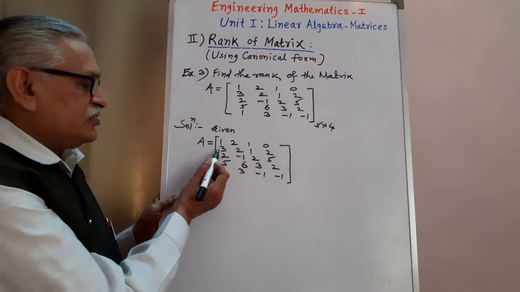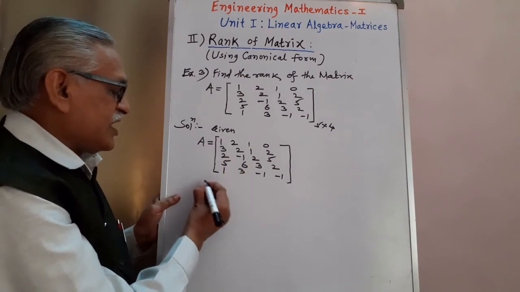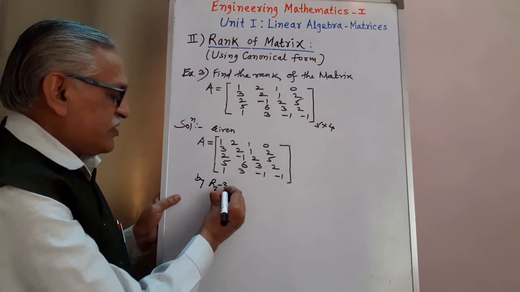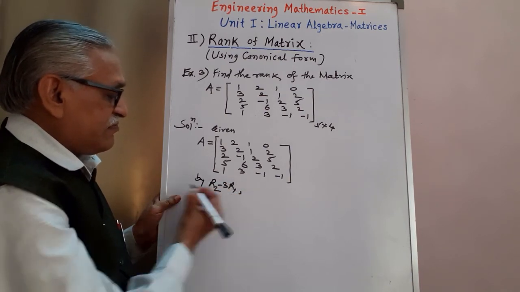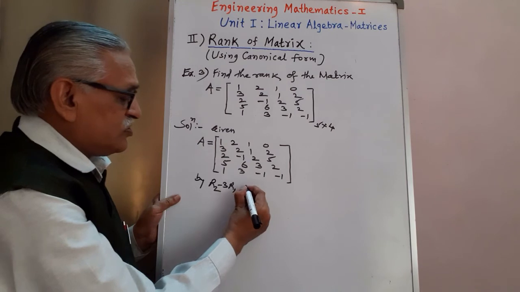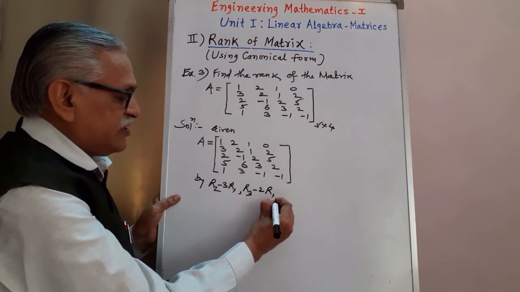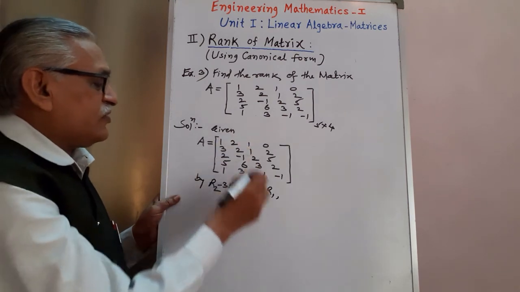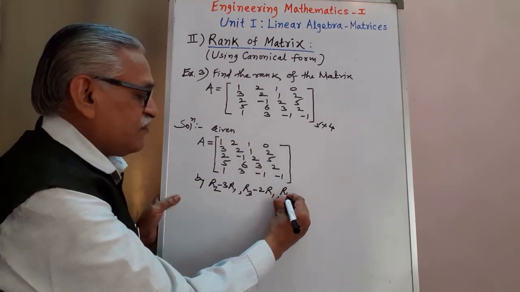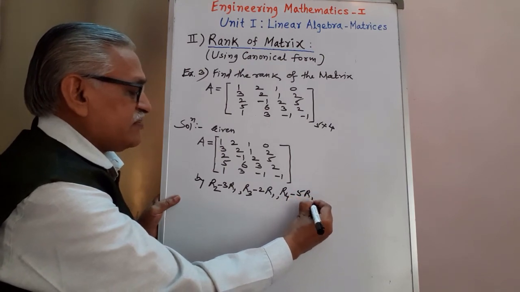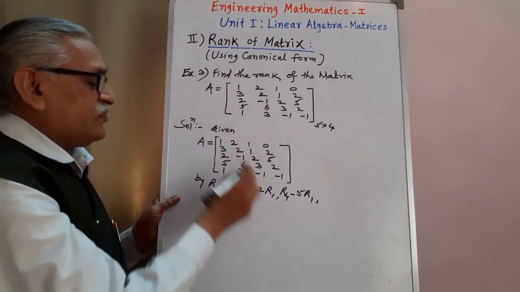to 0. 3 minus 3 we get 0. Therefore the transformation is R2 minus 3R1. 2 minus 2 we get 0. It is R3 minus 2R1. 5 minus 5 we get 0. It is R4 minus 5 times R1. 1 minus 1 we get 0.